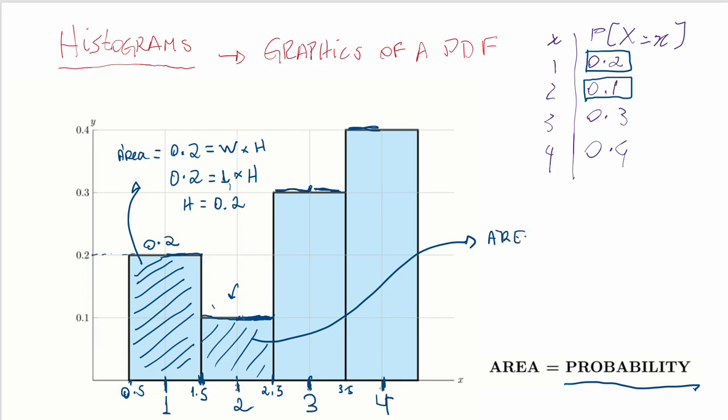The area of this rectangle is the width times the height, and the area should be equal to 0.1. The width is 1, because the rectangles have the same width, and you can also see that it goes from 1.5 to 2.5. So how much do I have to have for my height? Exactly 0.1. So I will set this up exactly to 0.1. Okay?